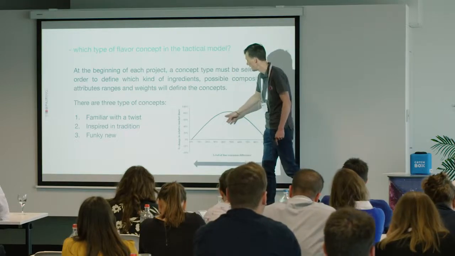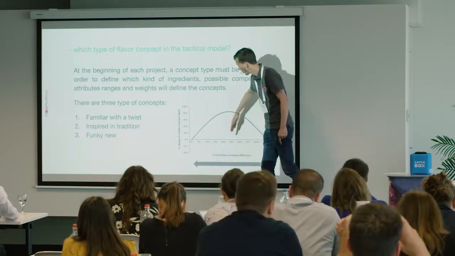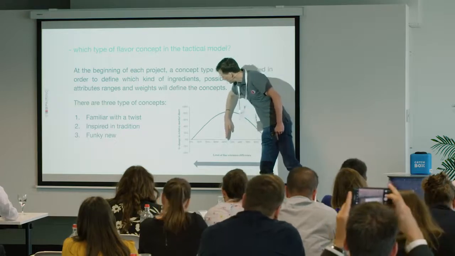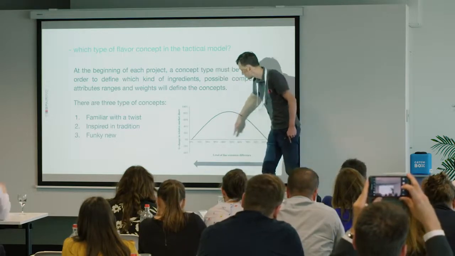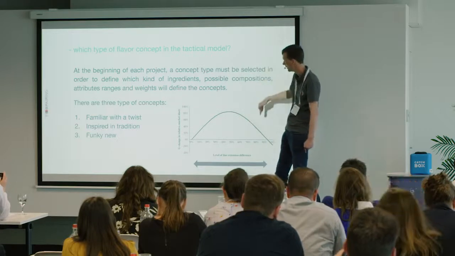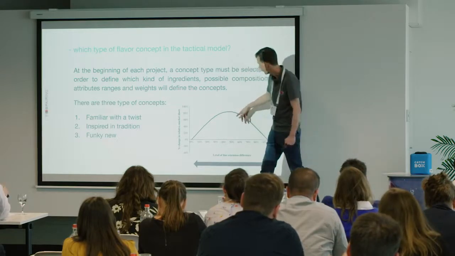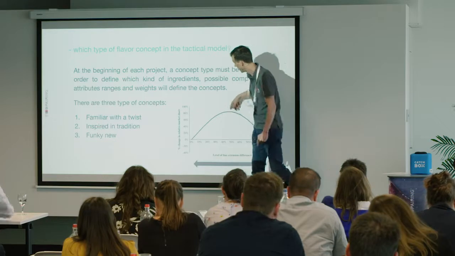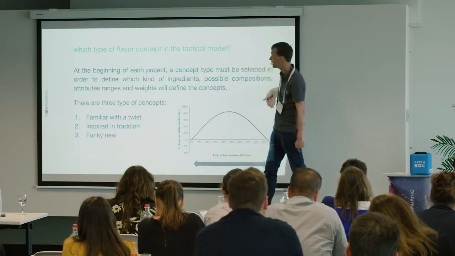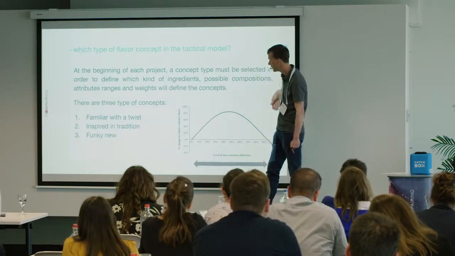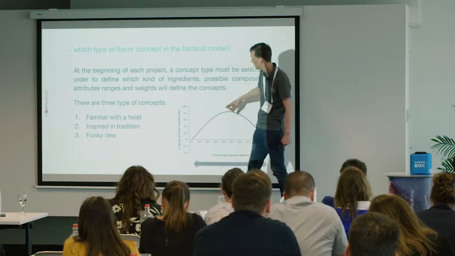For each brand, the optimal point of market share versus how novel you are is different. If you're a more innovative brand, probably the optimum will lie much further into how novel you have to be. In this case, it was 48%, but if it's higher, it will be more like funky new. This is more inspired in tradition.